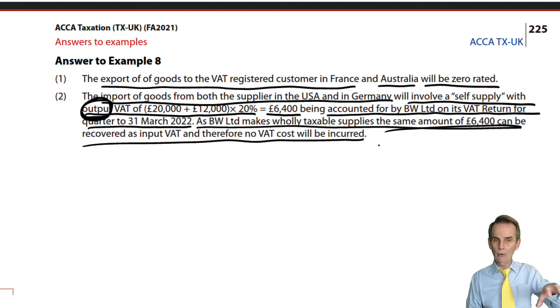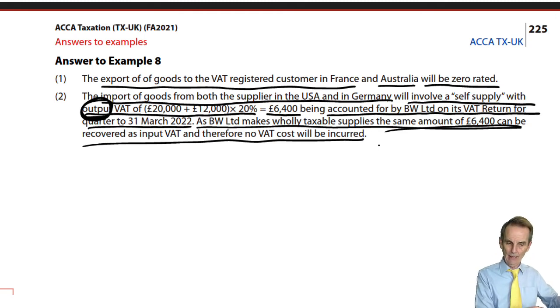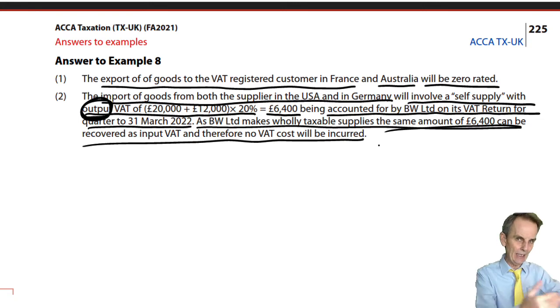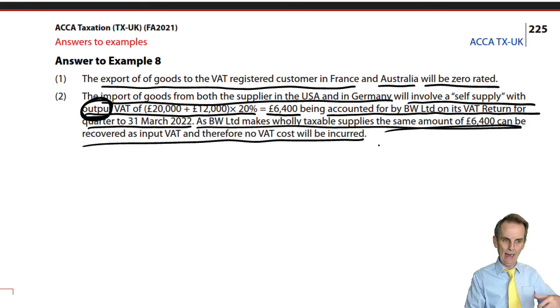We are required to account for output VAT on the so-called self-supply. We are making a supply to ourselves effectively there, in relation to the import of those goods. And as long as we make taxable supplies, it is also input VAT, the two numbers match, it's on the same VAT return, so there's no net cost.